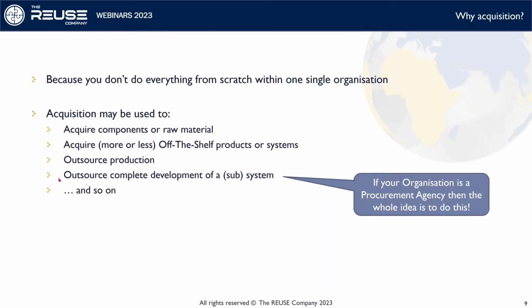This is where I will spend most of the time during this hour. And if you are working in an organization which is typically a procurement agency, this is basically the whole idea of what you're doing. You are specifying a system and contract that to somebody else to do the actual development and to produce the system.